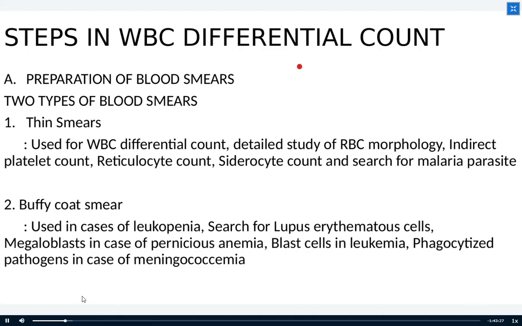Plus, give me the four species of your plasmodium. You still recall your parasitology.